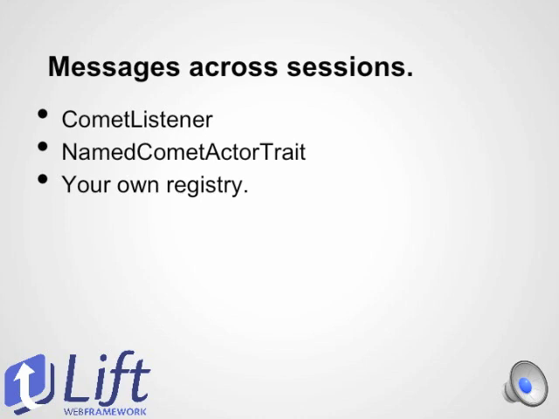So Lift gives you at least two options, and you have a third option to write your own, to solve this situation. One way is using the CometListener trait and a few other traits that come with it. This is what you normally see in the example from Lift using a chat application.